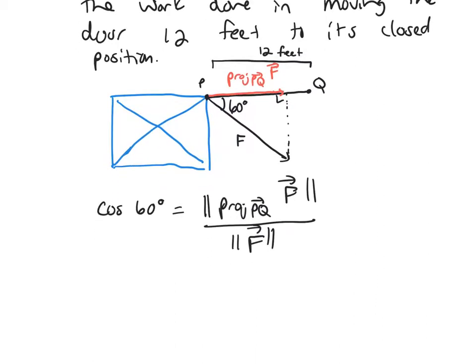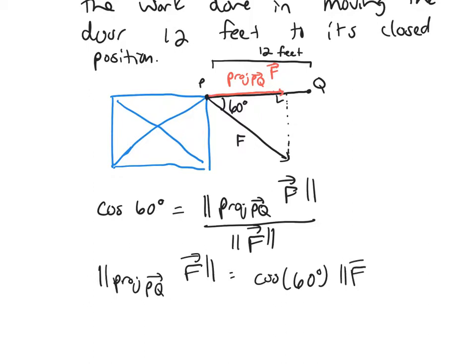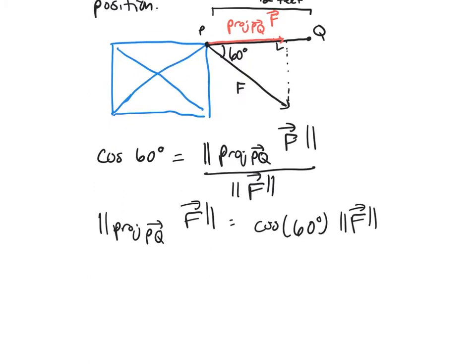So if I cross multiply here, I'll see that the length of the projection of F onto the vector PQ is cosine of 60 degrees times the magnitude of F. Well, cosine of 60 degrees, that's 1/2. And the magnitude of F, they tell me, is 50 in the problem.